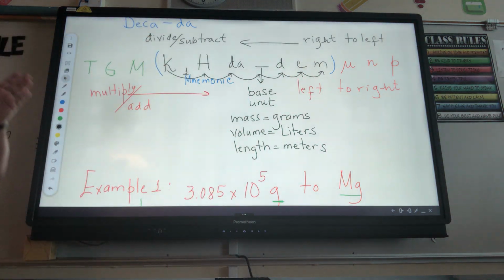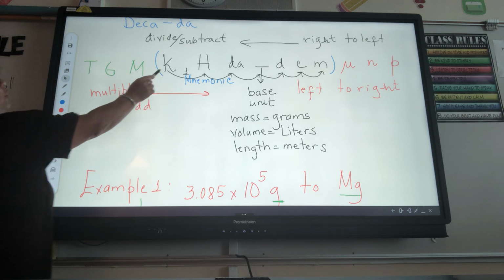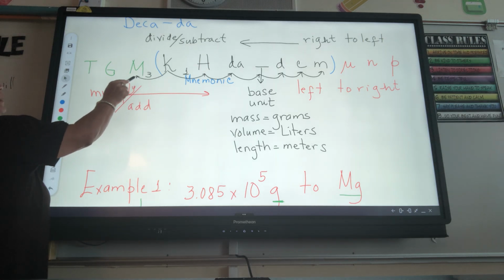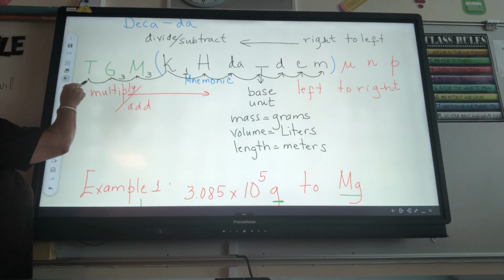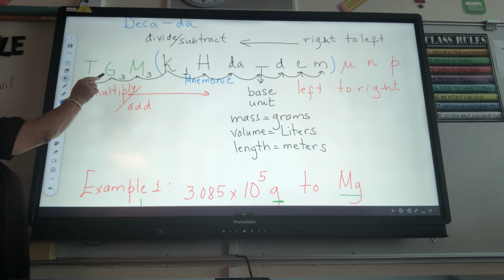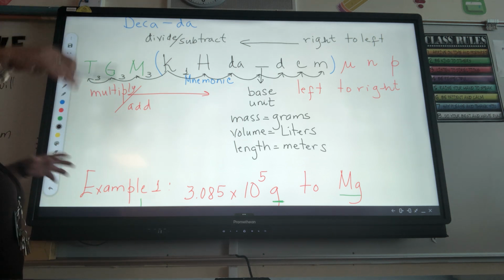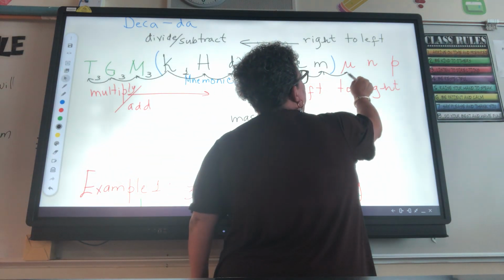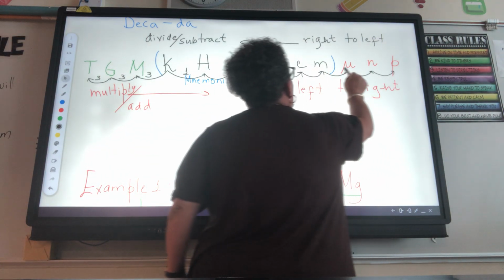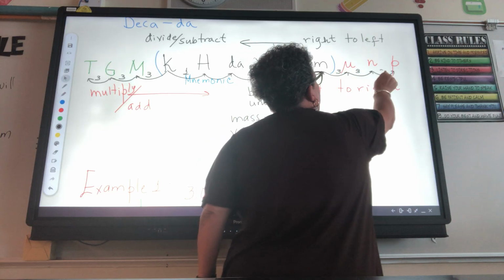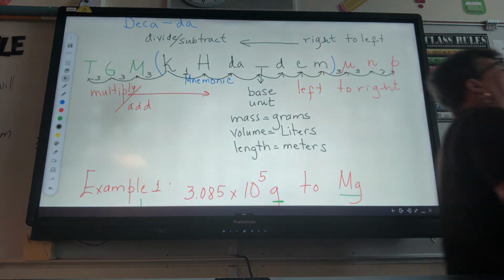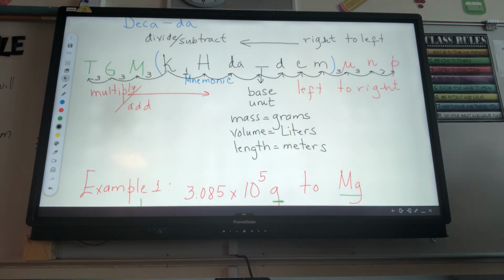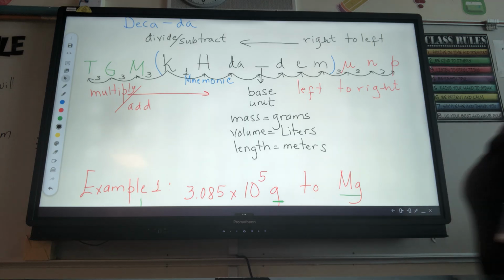But once you are out of that mnemonic, you're gonna be counting by 3. Because giga is 1,000 times bigger than mega. And over here, the same is gonna happen. You're gonna be counting by 3 because micro is 1,000 times smaller than milli. You understand that part too?